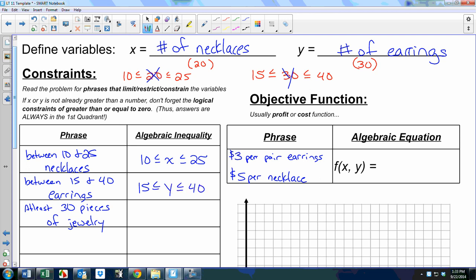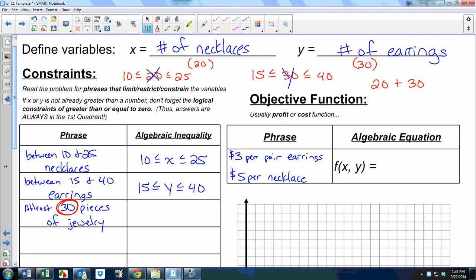And then the last phrase for the inequalities: is that enough pieces of jewelry? Again, we're going to count earrings as just a set of earrings. Is 20 necklaces and 30 earrings enough to need at least 30? You're saying yes. What are you doing in your mind with the 20 and the 30? And I messed up. I picked a number that's in the problem. I shouldn't have done that. The red 20 represents necklaces. The red 30 represents earrings. You're adding them, and you're checking to see if they are at least 30.